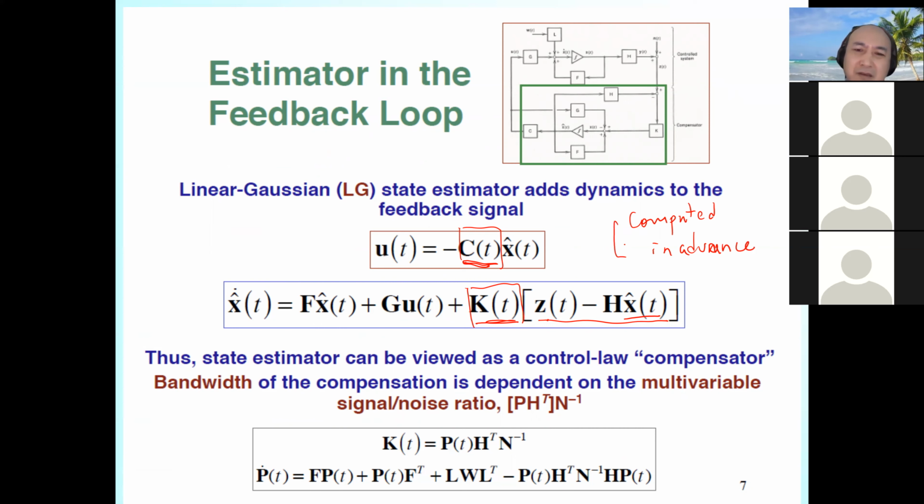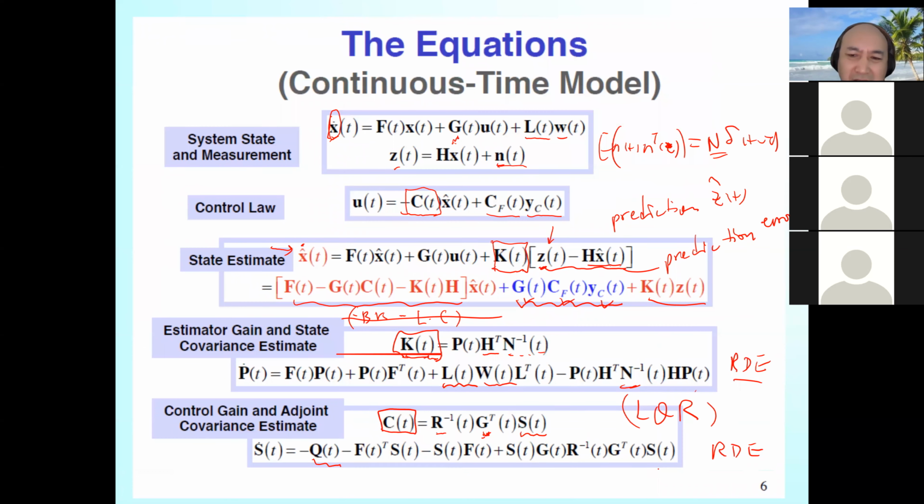Why? Because in many cases, like S in here, S dot is something. This is not an initial value problem. They are not going to give you S(t0) so that you can start to integrate this matrix ODE.